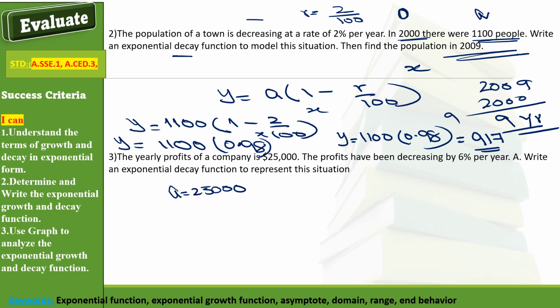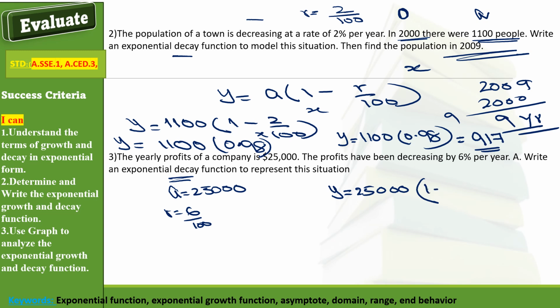Now, the yearly profit of the company is $25,000, which means my a value is 25,000. The profits have been decreasing by 6%. That means r equals 6 over 100. I am trying to write my equation, and I have to write the exponential decay function.